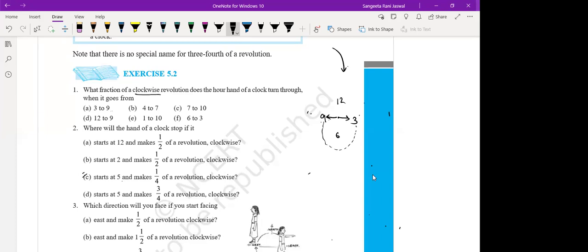So moving in the direction of the clock is called clockwise direction, and moving in the direction opposite to the direction of a clock is anti-clockwise direction. So from here to here, it has moved through 2 right angles. Okay. Now tell me from 4 to 7. Nishika, can you tell me from 4 to 7, how many right angles will it move through?